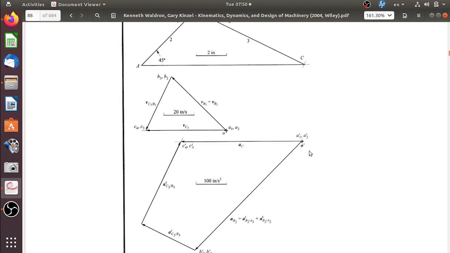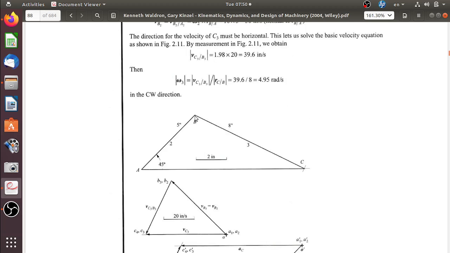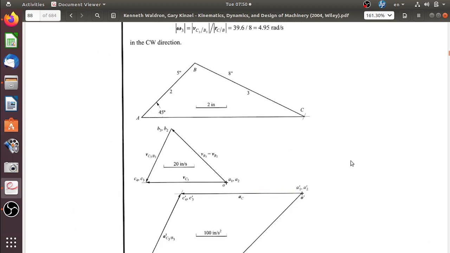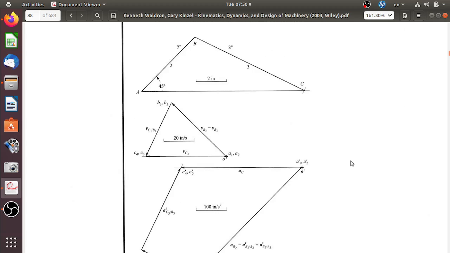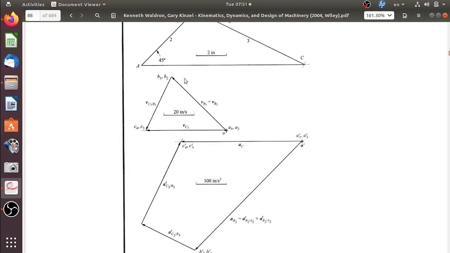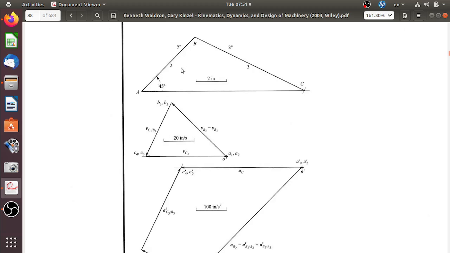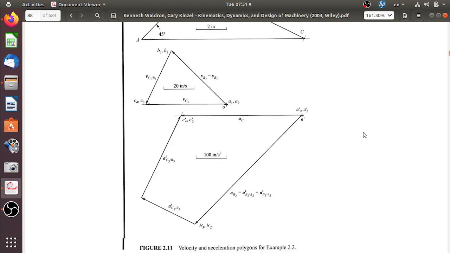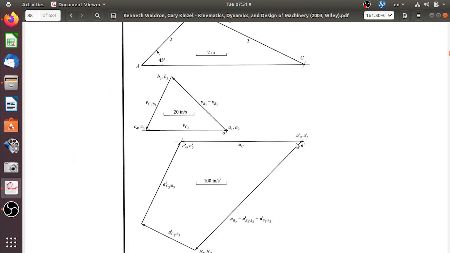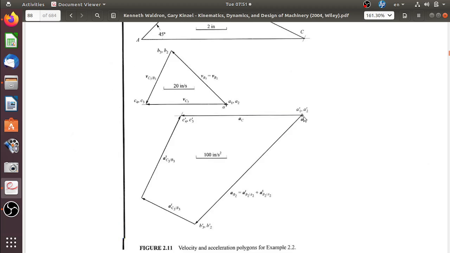Now I need to know the acceleration of point B. Do I know the radial component? Yes, since we have done the velocity analysis, I know the radial component, which is going to be from B to A with the magnitude of omega square into this distance, and that results in this vector.